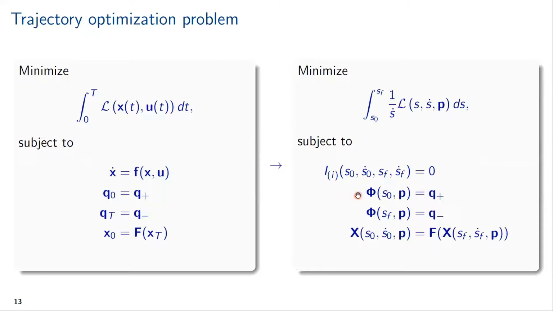Likewise, you want your synchronization function to correspond to the desired initial and final pose, given the initial and final value of your motion generator. And likewise, you want your states parameterized in terms of the motion generator to satisfy this impact relation. So basically, I've rewritten this whole problem in terms of the synchronization functions, and our variables now are the parameters of the synchronization function.